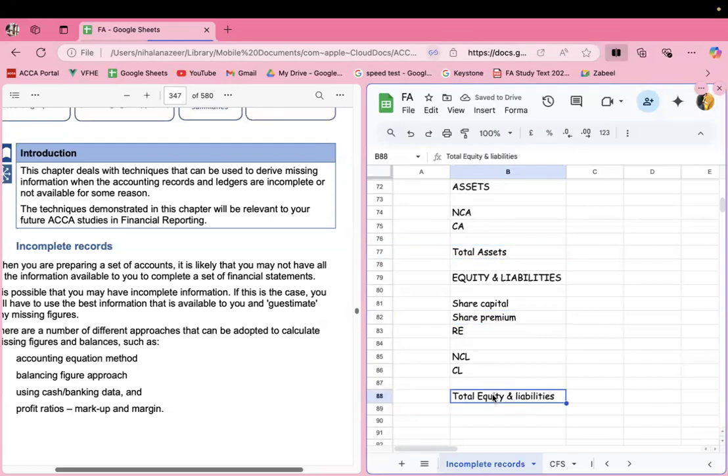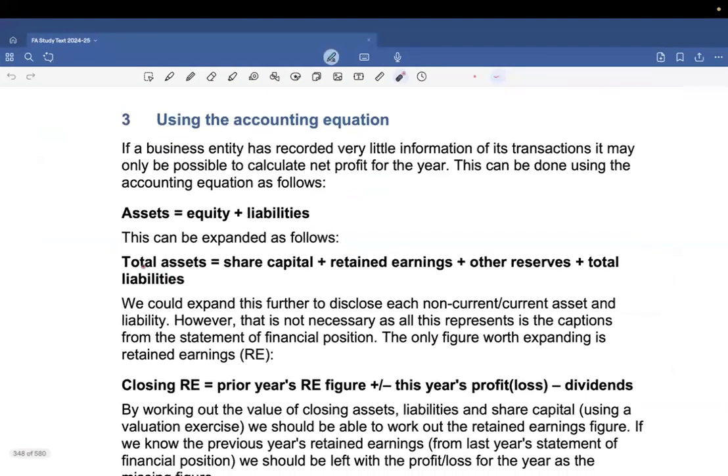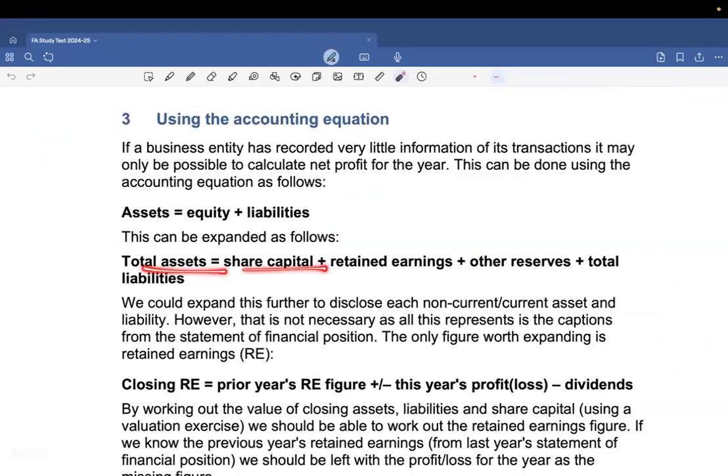So you can split the equation: total assets is equal to share capital plus retained earnings plus other reserves plus total liabilities. We can just change the equation. Understood?